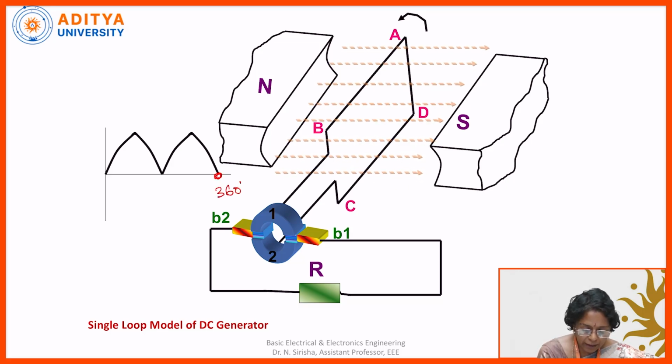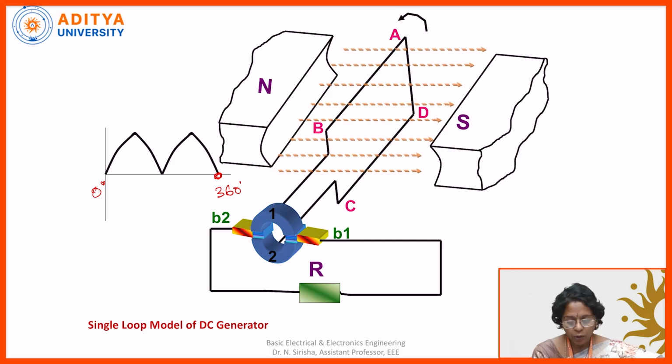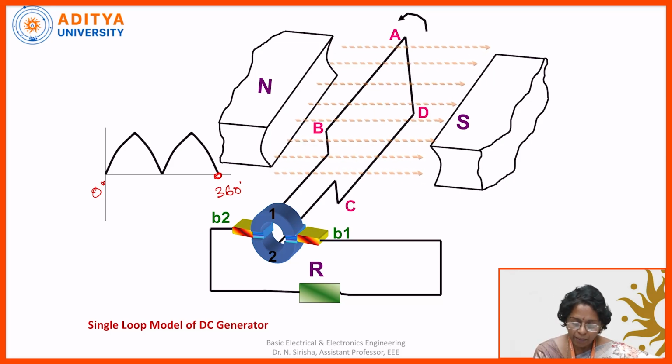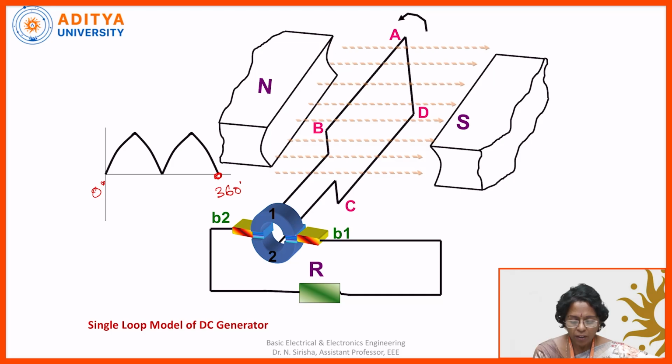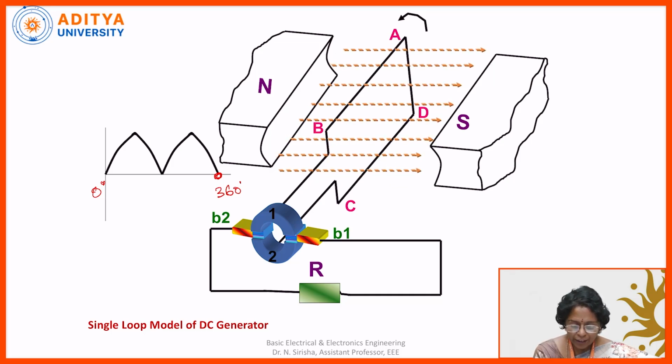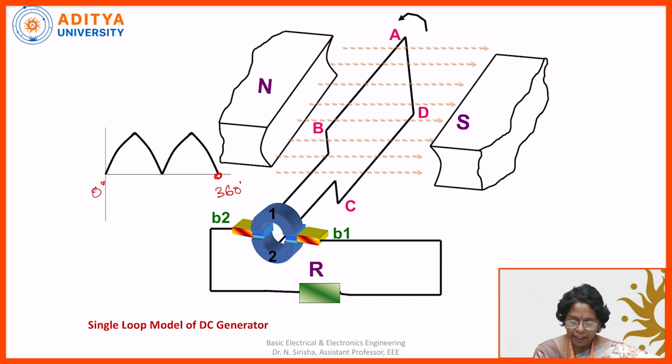So, this is 360 degrees, this is 0 degrees. When the coil is moved to 360 degrees, again the coil comes to the same initial position AB and CD. Right. Here the EMF induced will be 0 since all the flux passing through the rectangular coil is parallel to the rectangular coil, and the rectangular coil does not cut the magnetic flux.